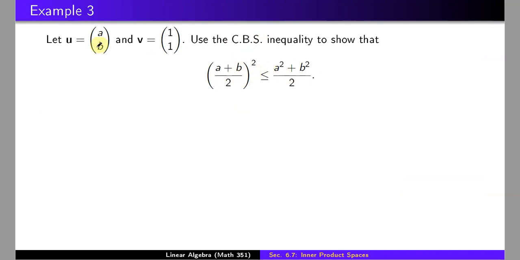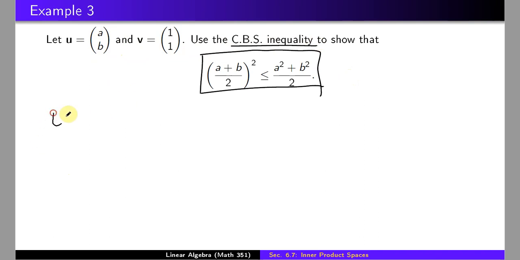We'd like to prove that this inequality is true: that (a plus b over 2) squared is at most (a squared plus b squared) over 2. We could actually prove this using the CBS, the Cauchy-Bunyakovsky-Schwarz inequality, with u and v as these two particular vectors. So let's write out the CBS inequality.